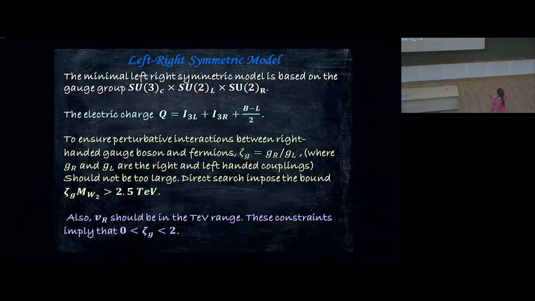So this is, of course, the standard left-right symmetric model. You all know it is based on this gauge group. Now to ensure perturbative interactions between the right-handed gauge boson and the fermions, zeta G, which is the ratio of the right-handed to the left-handed coupling, should not be too large.